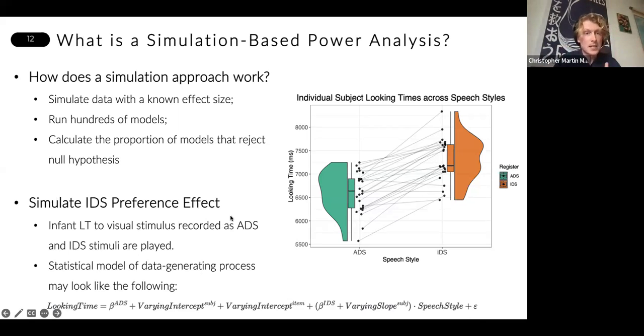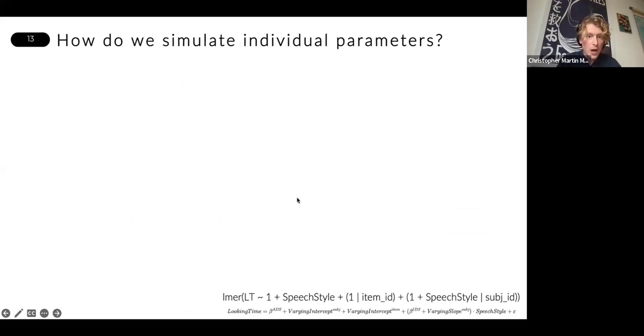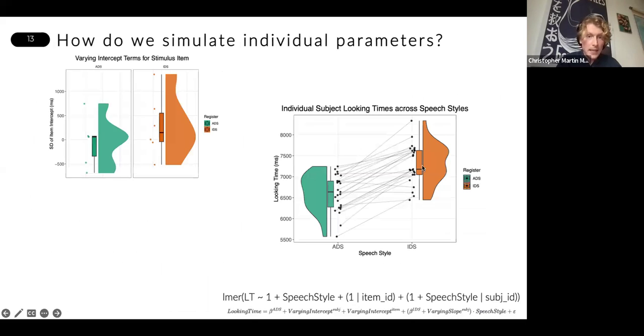And what we're doing in the data simulation process is simulating parameters for every single component of this data generating process. So we simulate from a distribution of, for example, intercept terms for stimulus items, from a normal distribution, and say, well, we probably have some sort of variation between this and that.